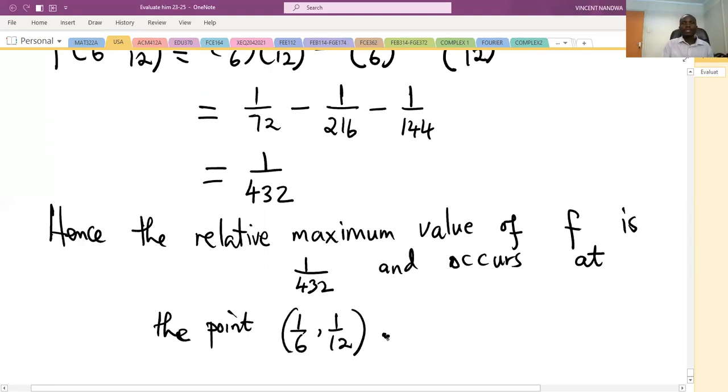So that is how we determine the extremum values of that given function. So thank you.